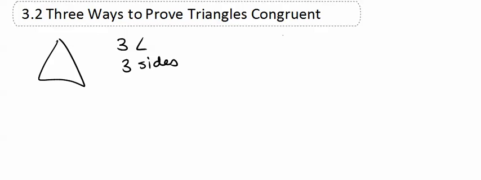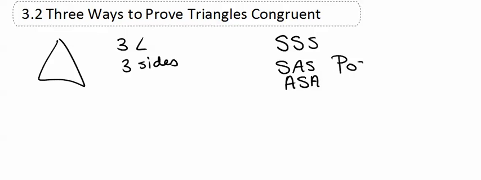And they are by using the side, side, side, the side, angle, side, and angle, side, angle postulates. Now, just like their names suggest, all you need in the first one is to prove that 3 of the sides would be congruent.